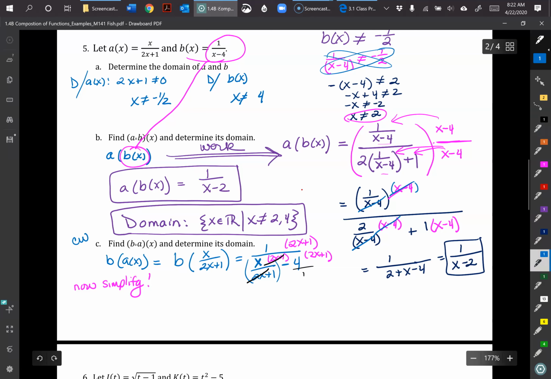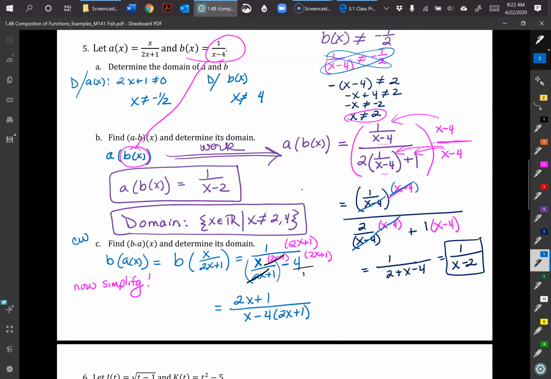Okay, so that comes out to be 2x plus 1 all divided by this x minus 4 times 2x plus 1.